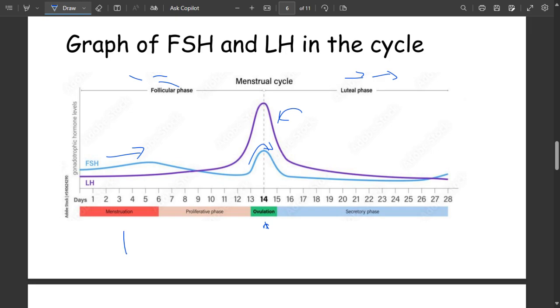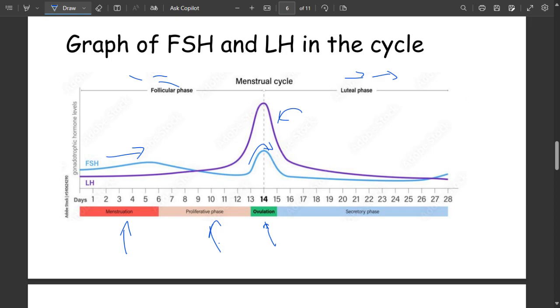So when you are exclusively referring to the uterine cycle, you have menstruation occurring for about 4 to 5 days on average. Then you have the proliferative phase, like I said, where you have cells proliferating in the uterus so that they can increase the functional layer to support implantation.